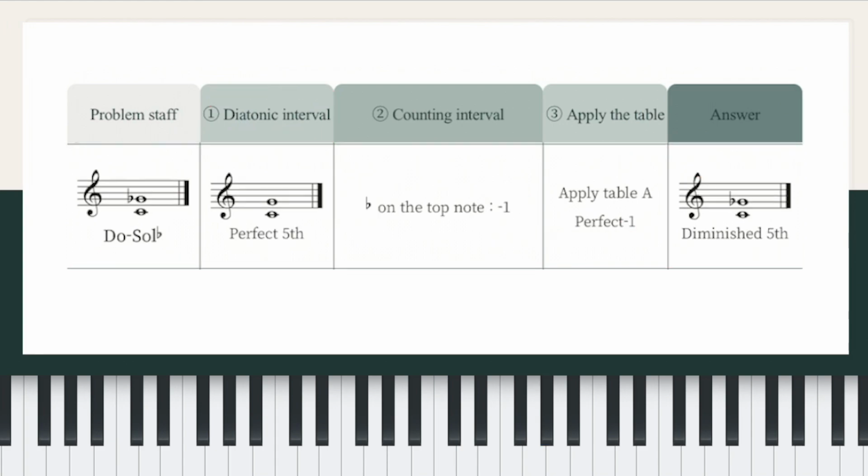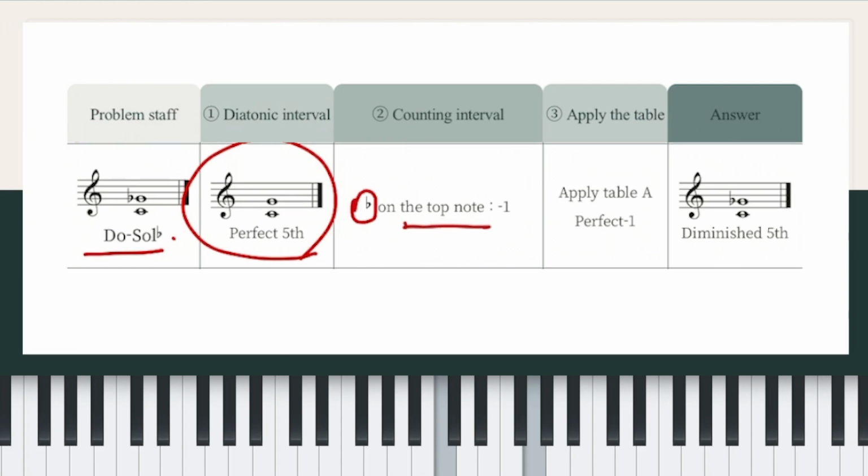What about do to sol flat? Find the diatonic interval first. The perfect fifth, do and sol. This time, the flat is on the top note sol. So it's sol flat.